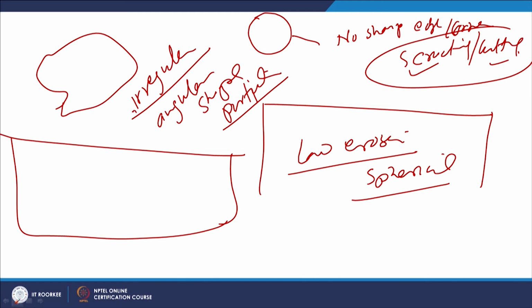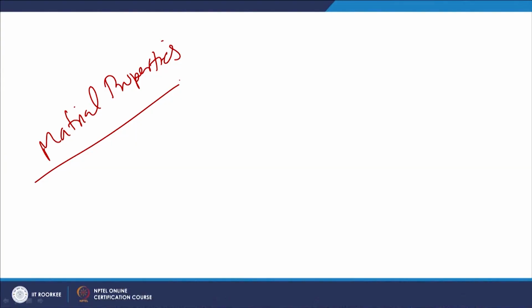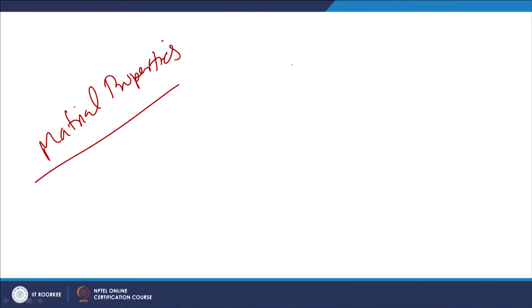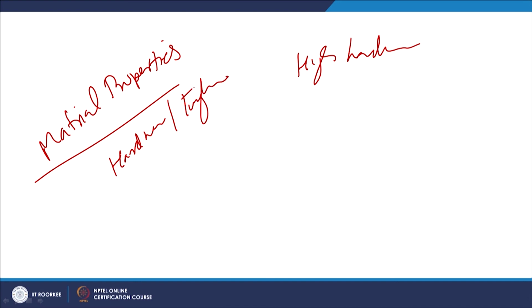Now, another important aspect related with this is the material properties. As far as the material properties are concerned, it is not just good to have very high hardness. It is required that the material should have a good combination of hardness, toughness, work hardening behavior and fatigue resistance.